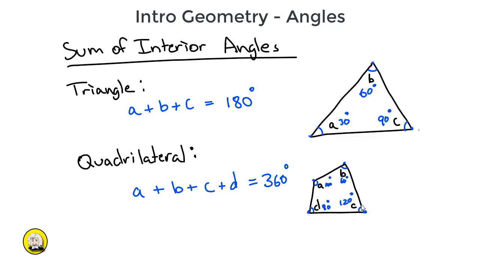So even though it doesn't look like it's 120 degrees, diagrams are not always drawn to scale. Mathematically, in this case, it must be true that angle C is 120 degrees given the other angles shown, because they all must sum to 360 degrees.